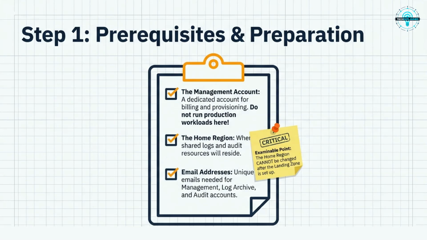And here's the critical point. Once you set your home region, you cannot change it. Ever. So choose wisely. Number 3, email addresses. You'll need unique email addresses for the log archive account and the audit account. These can't be reused from existing accounts. Getting these 3 things right before you start will save you a massive headache down the road.